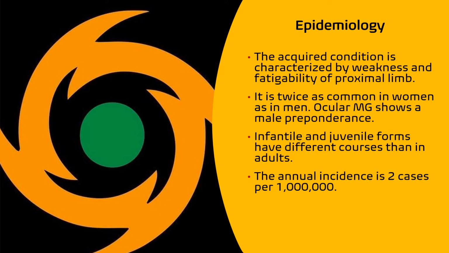It is twice as common in women than in men, at least according to literature. And ocular myasthenia gravis shows more of a preponderance in males versus females. Infantile and juvenile forms have different causes than in adult cohorts.